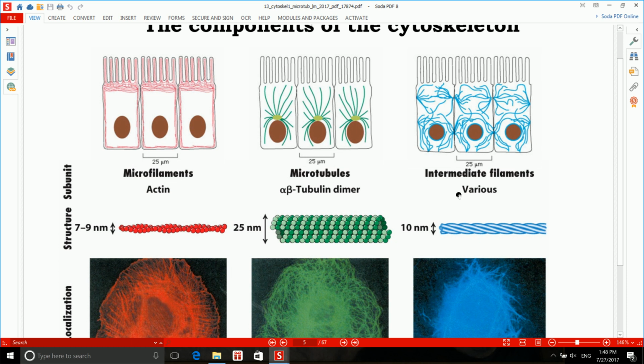And you can see here it's written that their monomers, their subunits are various. But what you need to know about the subunits of intermediate filaments is that they are formed by different types of keratin proteins. So keratin is the word you need to remember, keratin.